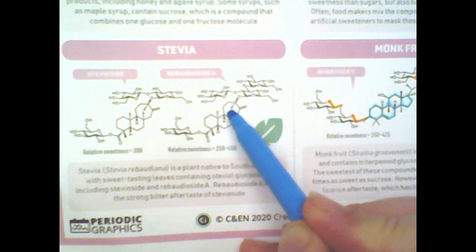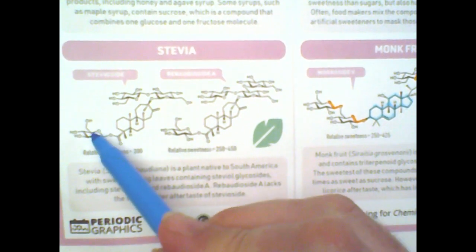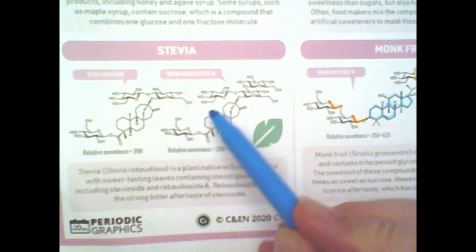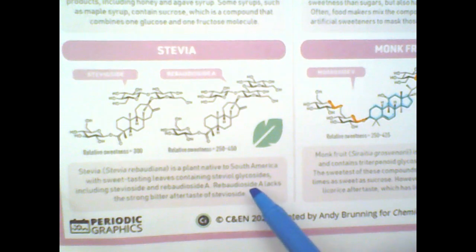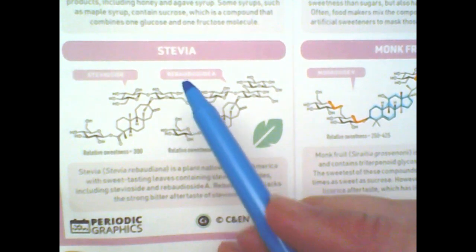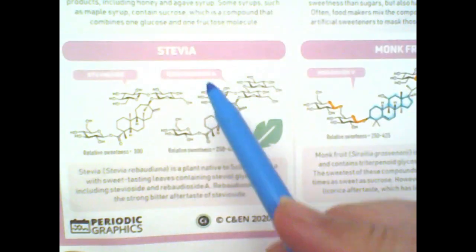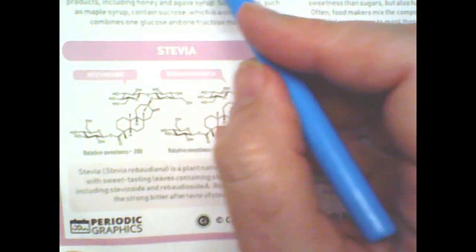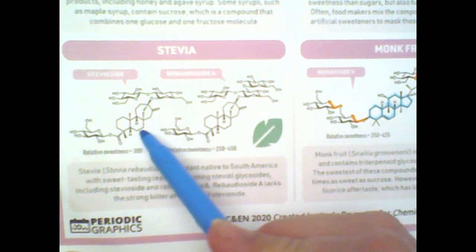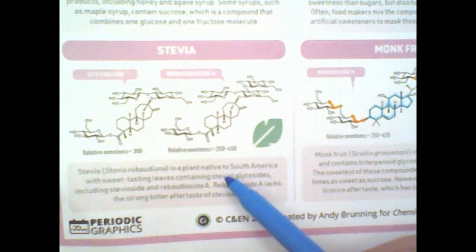So this is not a steroid ring, but it does have 3 sugars and 4 sugars connected to the molecule. So this sugar structure in different forms, even if it's all alcohols or it's connected into bigger molecules, our body seems to often taste as sweet.